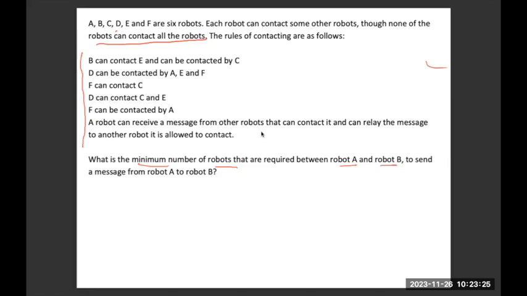In these kinds of calculative questions, it is very difficult to solve things in your mind. You will have to sketch it, you will have to draw it.